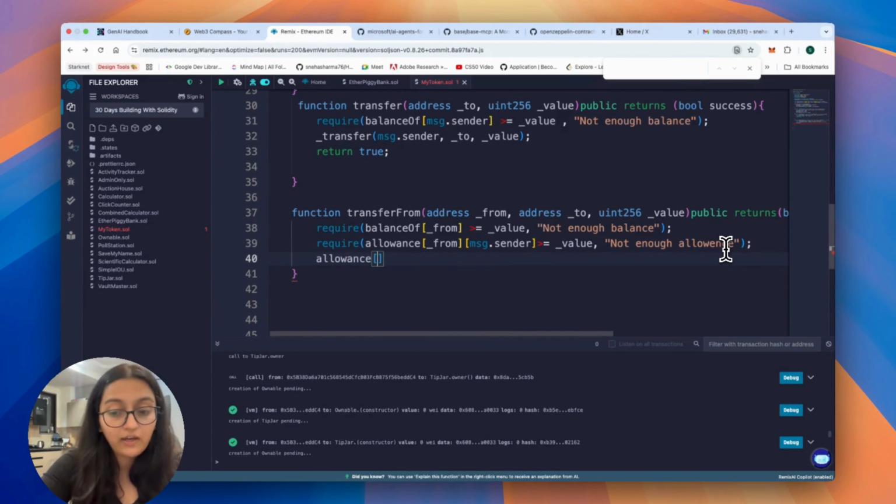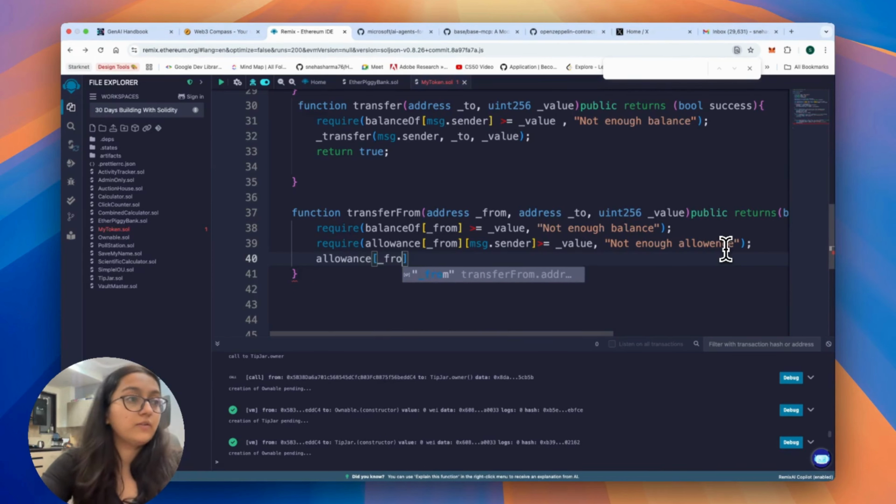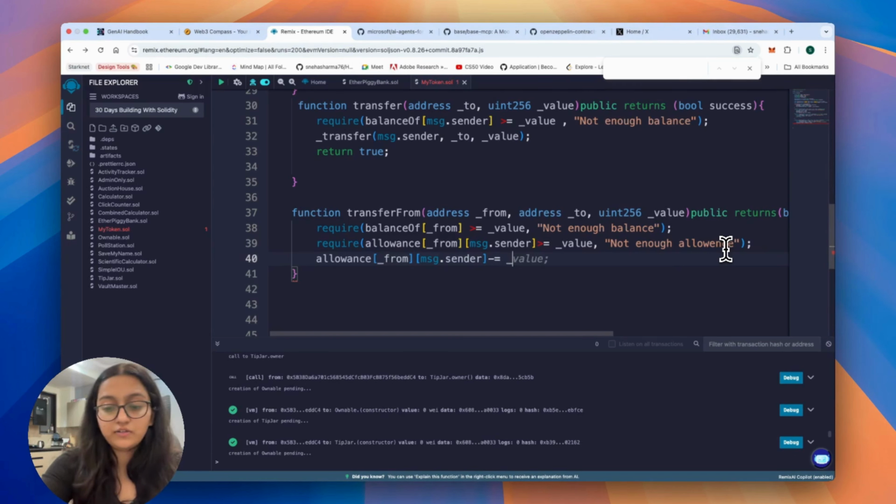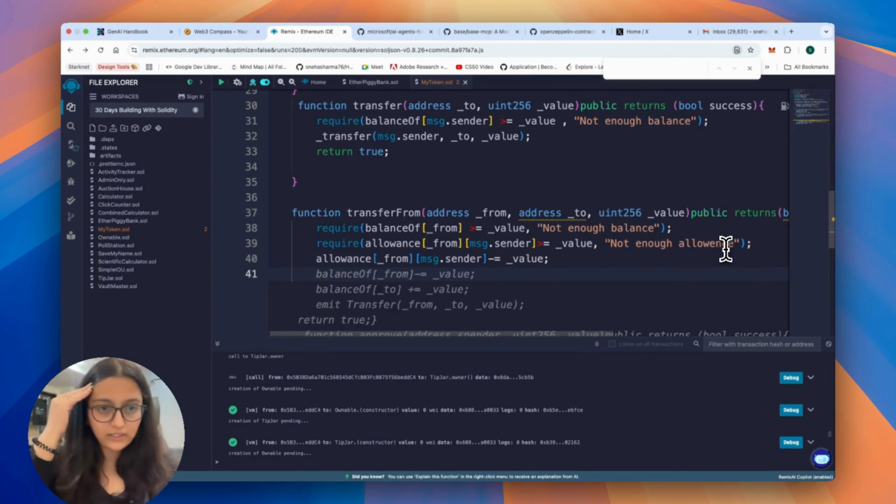And then we say, okay, how are we deducting this? Now that we have checked everything, we'll say allowance from message.sender, whatever that money was, I will deduct the _value because come on, if I have allowed only 20% of it, it's not like every time you can spend 20%. If I say, okay, I have 100 tokens, you can spend 20 without asking me, and you spend 10, then for this month, or as part of your allowance, you can only spend 10 more without me asking, right?